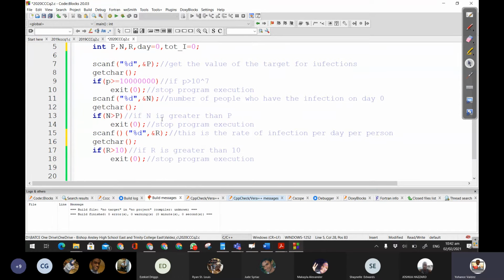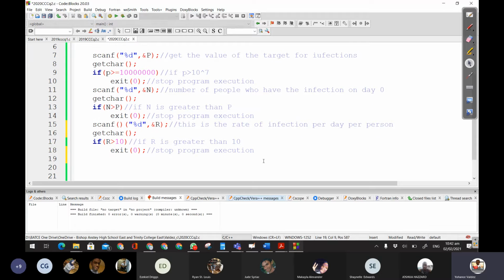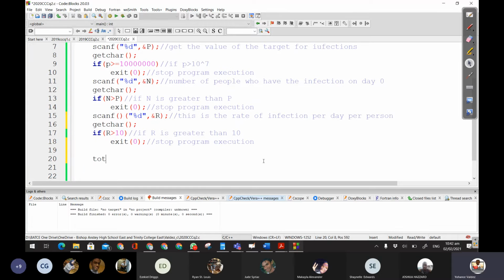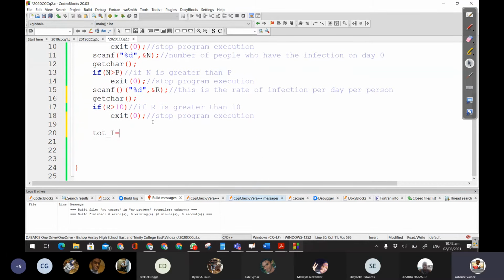And as it is day 0, we know for a fact that total infection, tot underscore i, is equal to the second value that we entered, is equal to n.